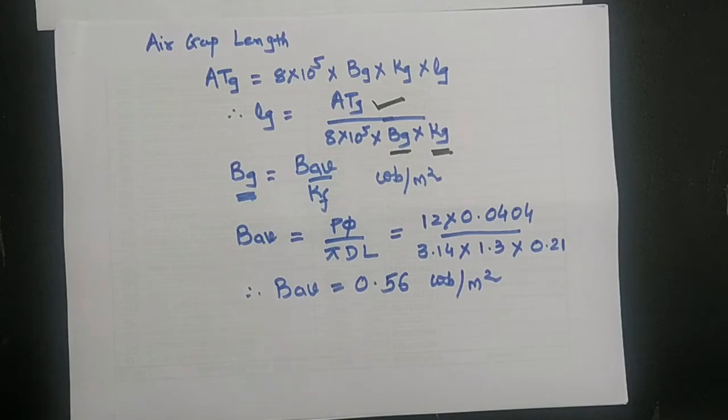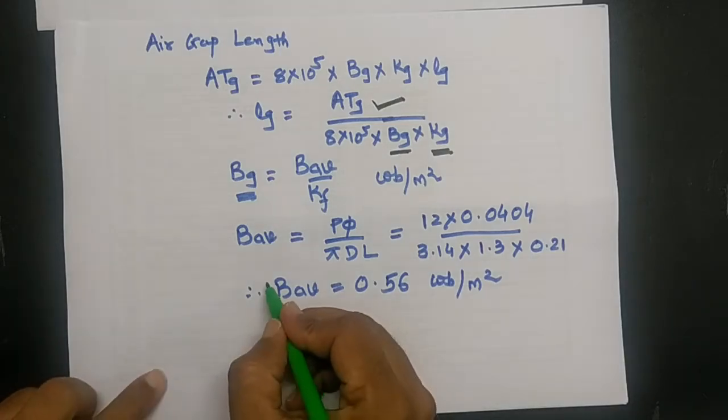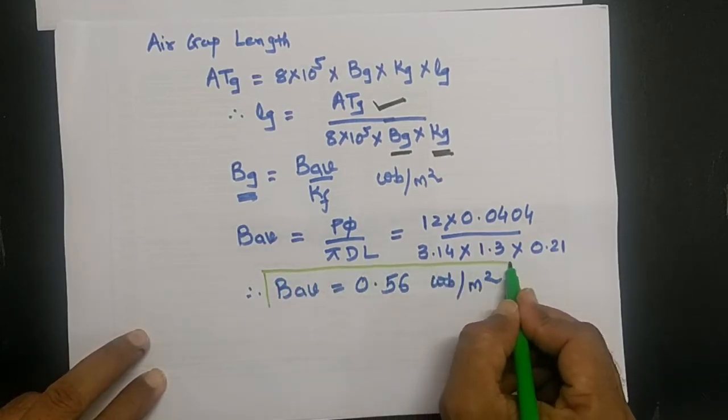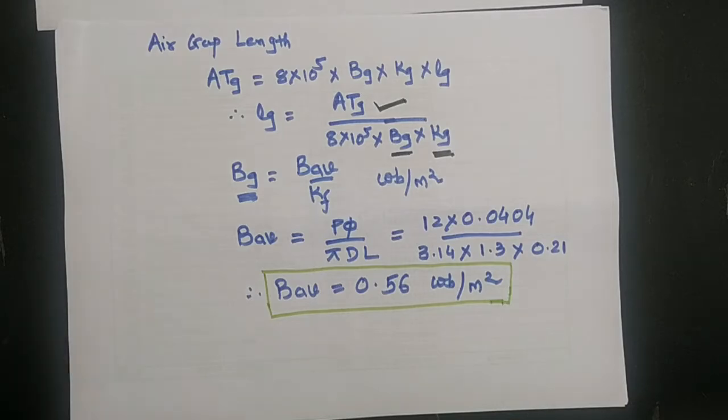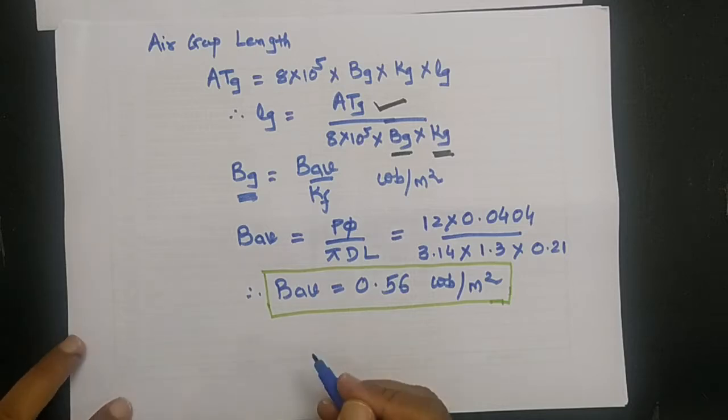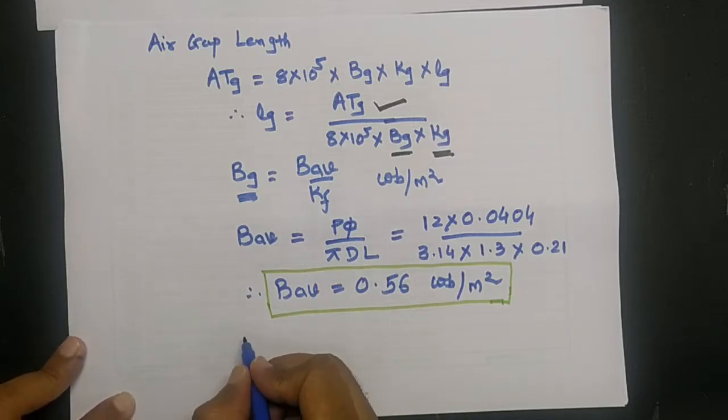So one of the quantities we have defined: this is our average flux density. Now based on the average flux density, we can calculate the gap flux density or maximum flux density.